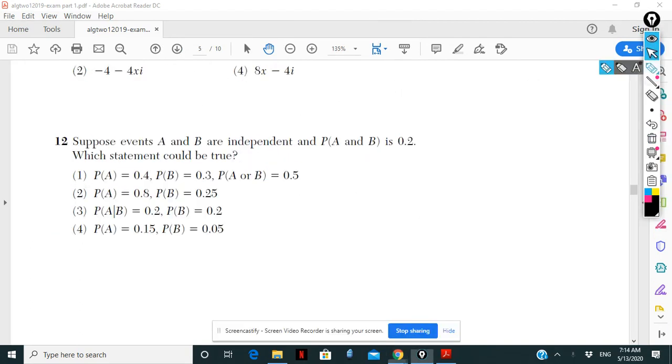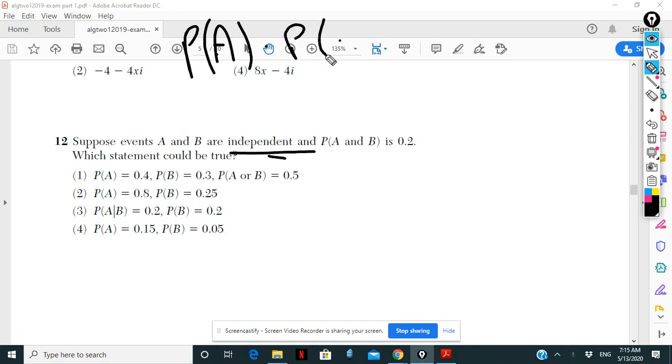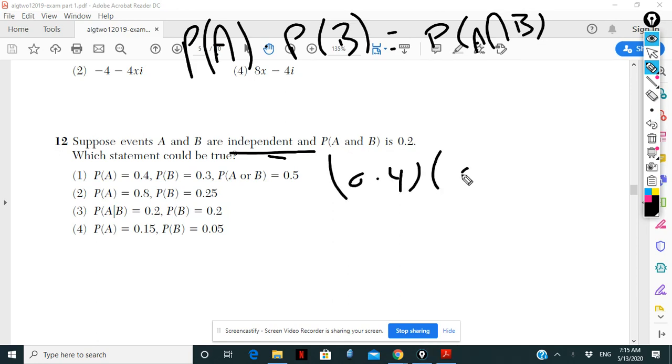Question number 12. Suppose events A and B are independent and the probability of A and B is 0.2. Which statements could be true? For independent probability, the probability of A times the probability of B should equal the probability of A and B. For the first choice, 0.4 times 0.3 gives me 0.12, which is not equal to 0.2, so this one is incorrect.